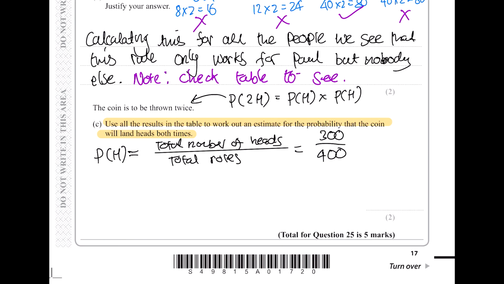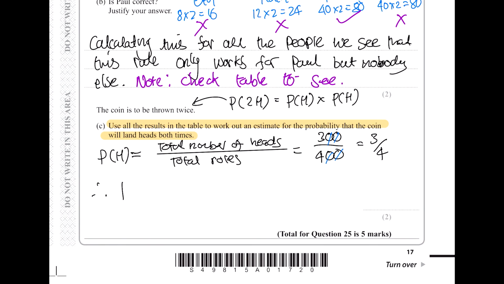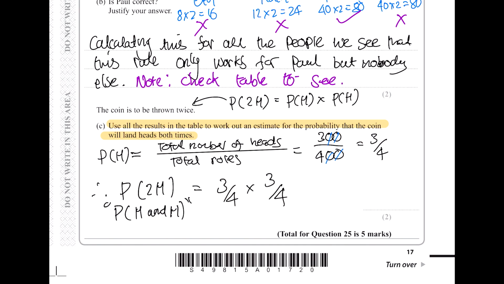And so simplifying this, we get 3 over 4 as a probability of heads. Therefore, the probability of getting 2 heads, or another way of saying that is the probability of heads and heads, would be equal to probability of heads, which was 3 over 4, times again the probability of heads, which will give you 9 over 16.